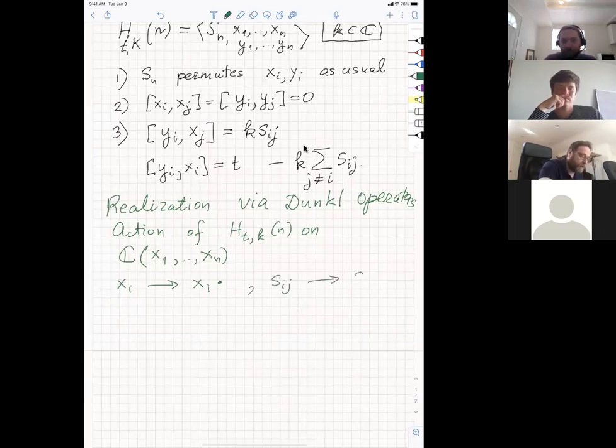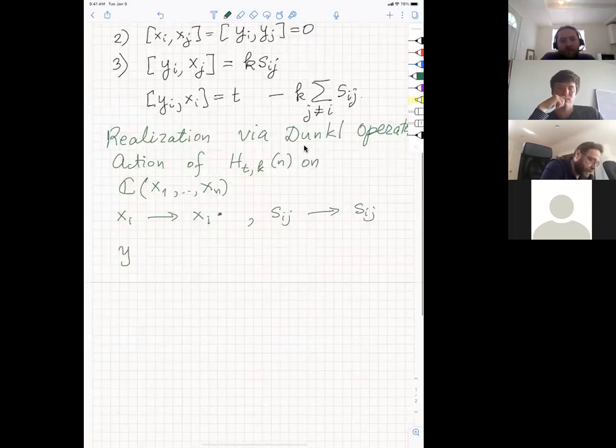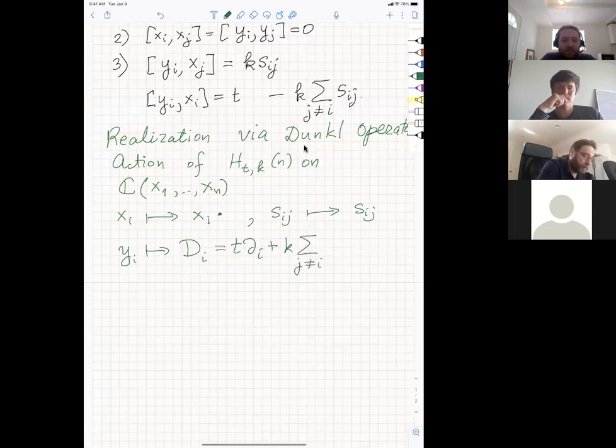And the interesting action is of y_i, so they act by Dunkl operators, D_i, which is t times the partial derivative, plus k times the summation over j different from i of 1 over (x_i minus x_j) times (1 minus s_ij). So these operators commute with each other, so the second commutation relation is satisfied, and also you can check that relations number 3 are satisfied, so it's a pretty easy calculation.